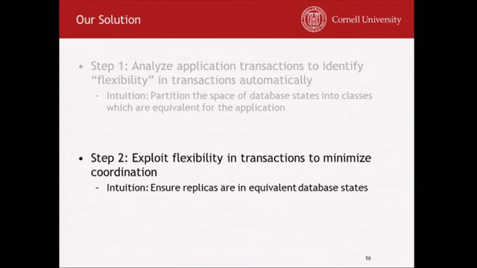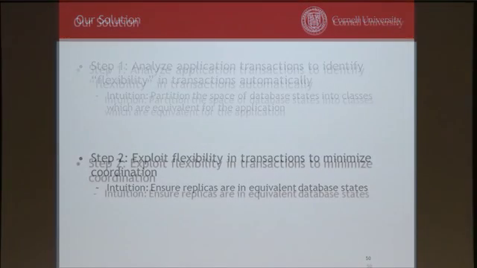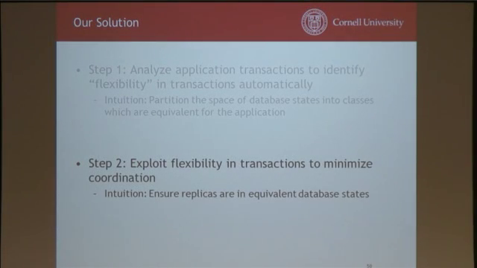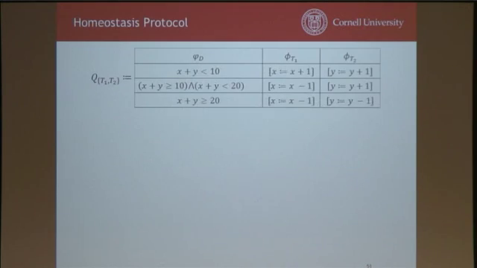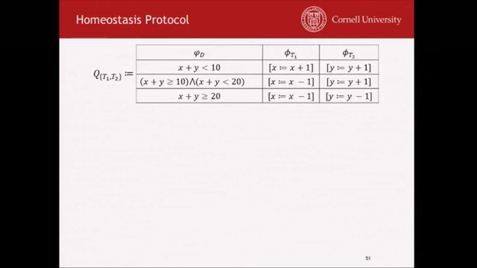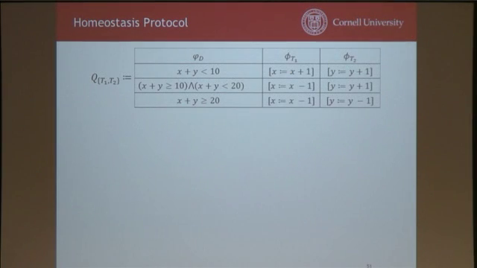So now that we have constructed these symbolic tables, let us see how we can use them to construct a protocol. Again, the input to the second step is the output of the first step, in this case, this giant symbolic table. Let us assume, for simplicity, that we are in a distributed case in which one of the sides has the variable x, the other side has the variable y, and the initial state is 12 and 13.